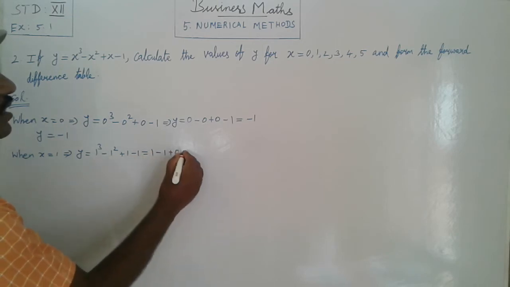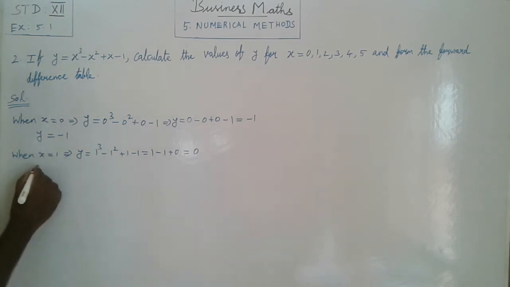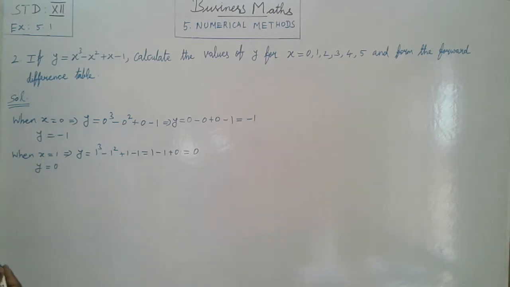So 1 minus 1, 0. Therefore y is 0. x equal to 1, then y is 0.